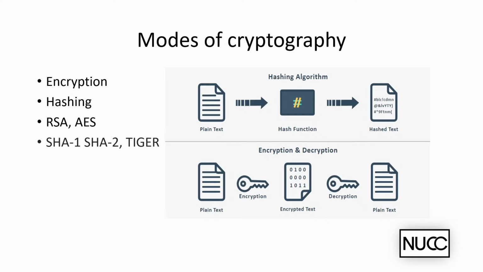There are a few examples of these. RSA and AES are encryption methods, and AES is the Advanced Encryption Standard. And there's SHA-1, SHA-2 and Tiger, some of which are considered insecure at the moment because of their nature of working.